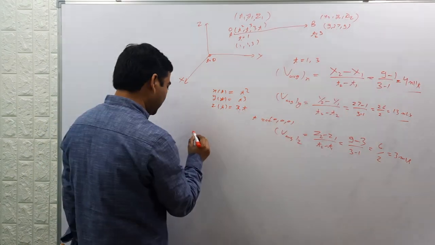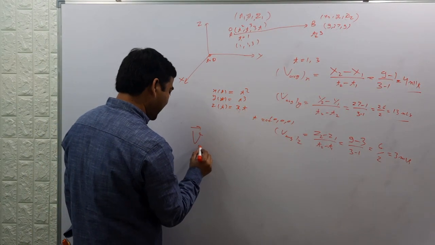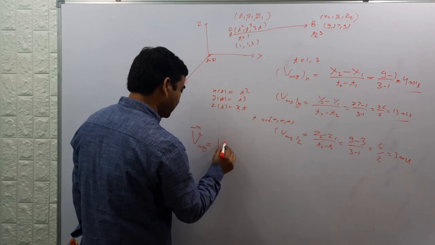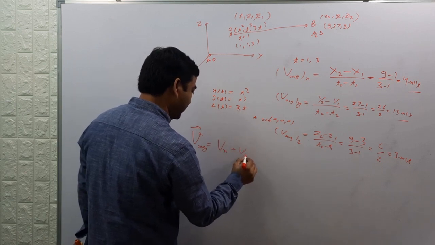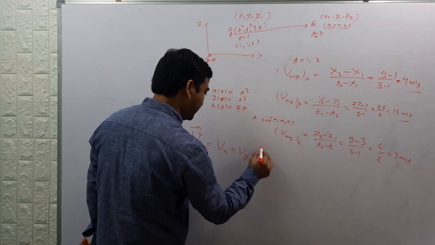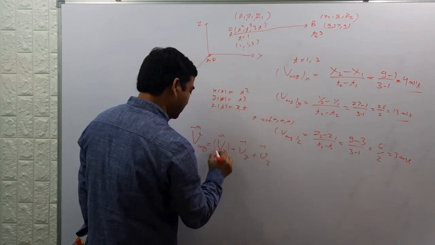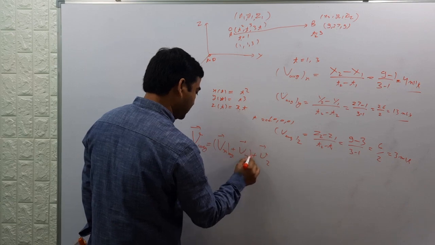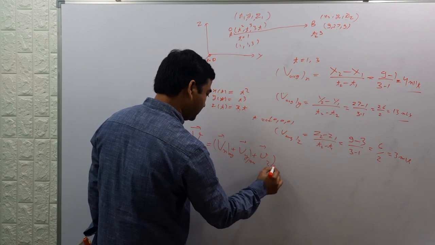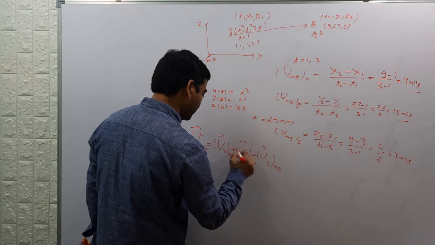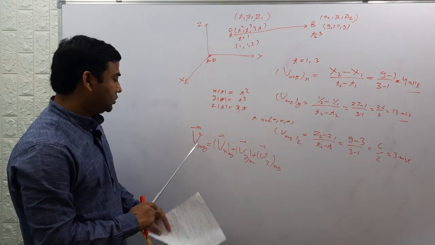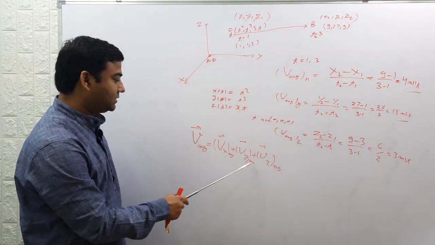So the total average velocity is Vx plus Vy plus Vz. These all are average velocities. So the total velocity of the particle will be the vector sum.